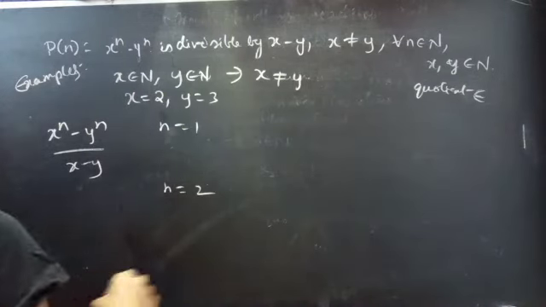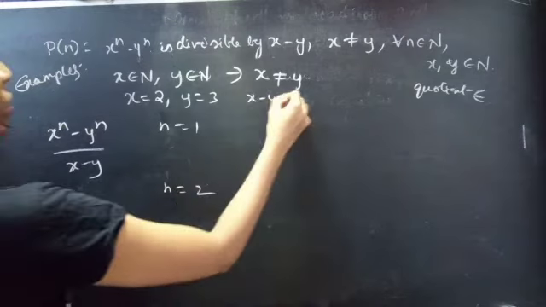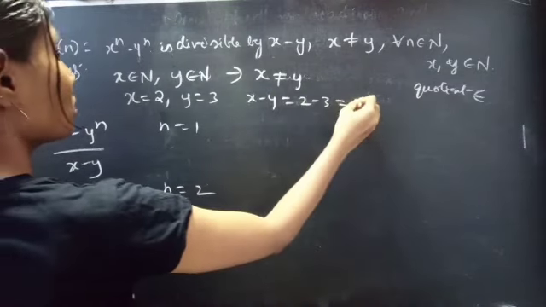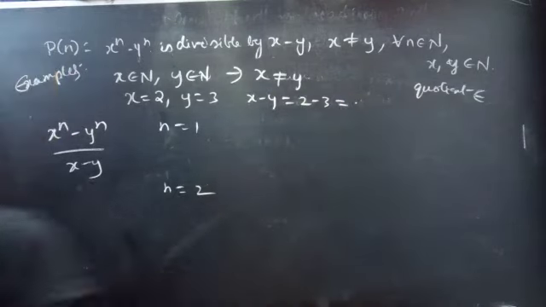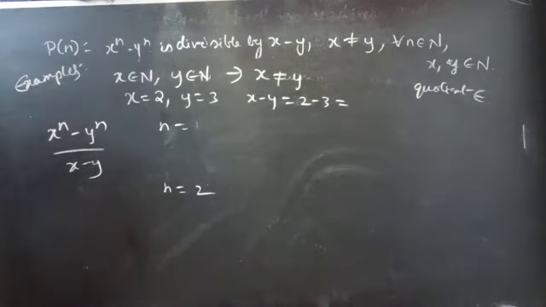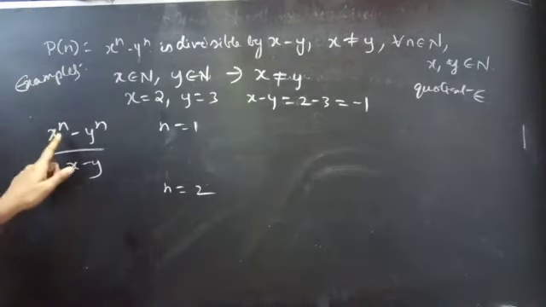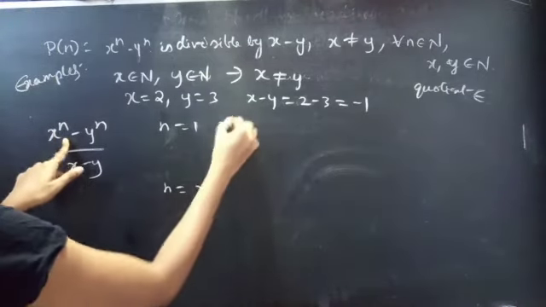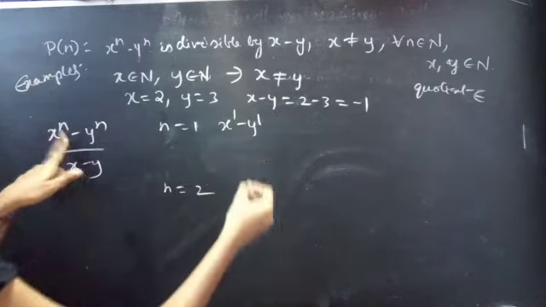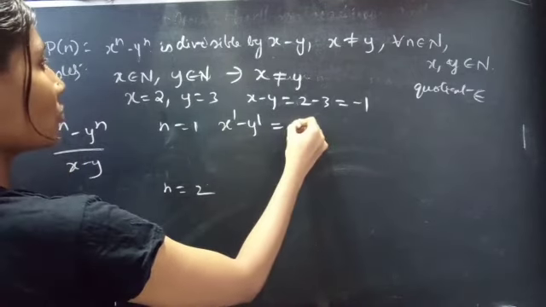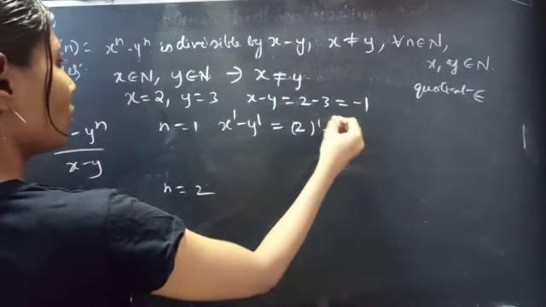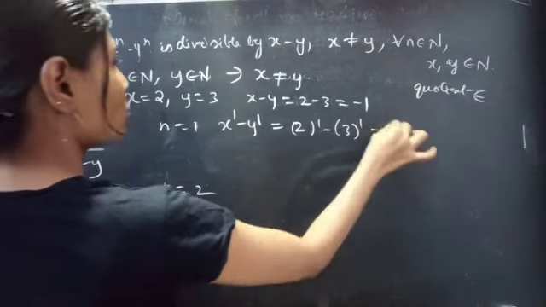Then we get x minus y equals 2 minus 3, which equals minus 1. When n equals 1, we get x^1 minus y^1 in the numerator, which for x equals 2 and y equals 3 is 2^1 minus 3^1, equals 2 minus 3.